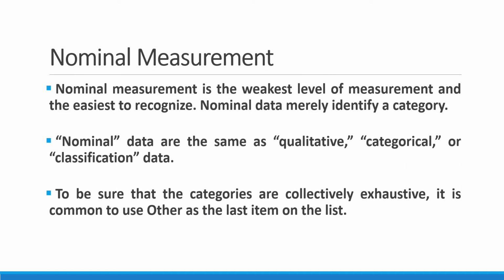Nominal measurement is the weakest of measurement and is the easiest to recognize. So in nominal measurement, the answer or the value of the variable is always a category, a classification, and a qualitative description.